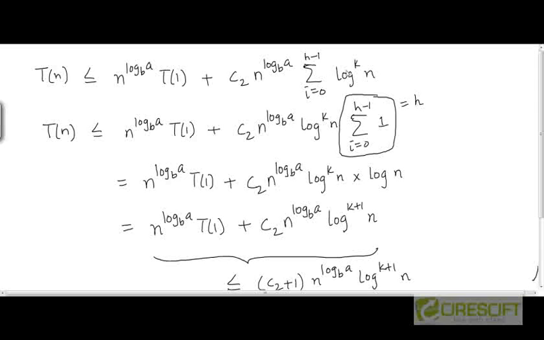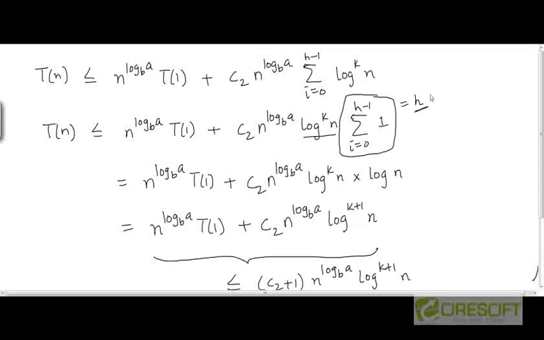Or equivalently, we could have said that since log to the power k of n is being added to itself h times, this summation evaluates to log to the power k of n multiplied by h, right? Which is what we'll get here, log to the power k of n multiplied by h.